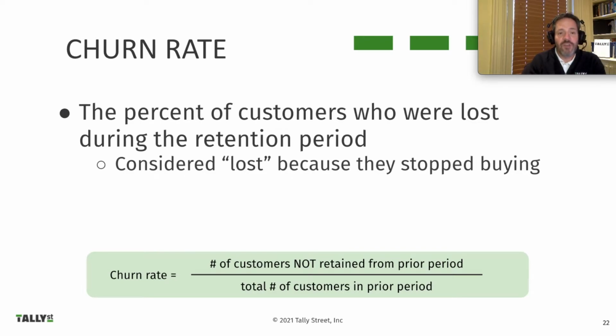Again, they're considered lost because they stopped buying, and the way you calculate the churn rate is just to add up the number of customers who did not purchase in that retention period, so they weren't retained from one period to the next, say 2019 to 2020, and then divide it by the total number of customers in the prior period. So for example, if you had 100 customers in 2019 and 90 of them bought again in 2020, you have a 10% churn rate.